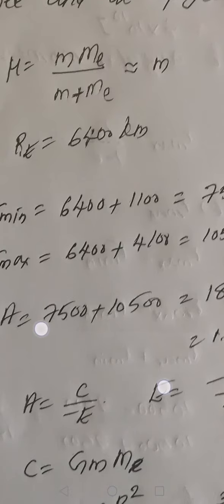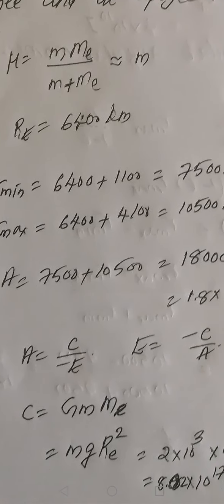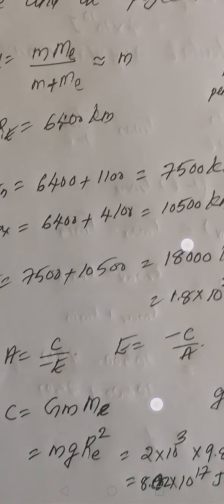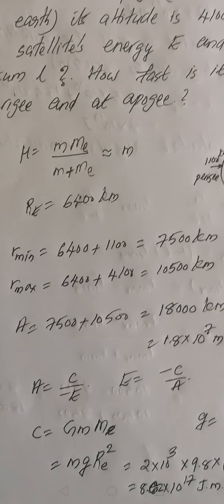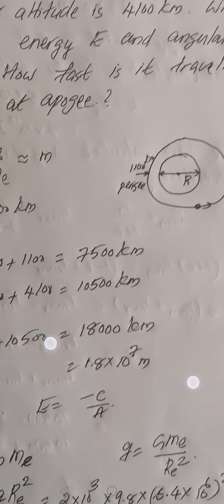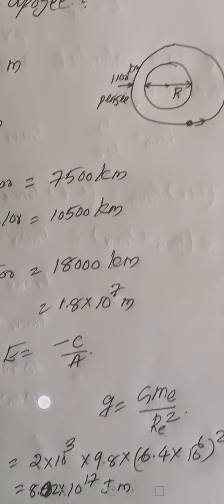So we already have a equal to minus C by 2E. From that, E is equal to minus C by 2a. C is G m into mass of earth, but we already know acceleration due to gravity g is equal to G me by r square. This comes from combining F equal to ma with F equal to G m1 m2 by r square.